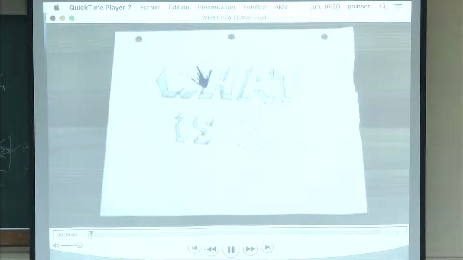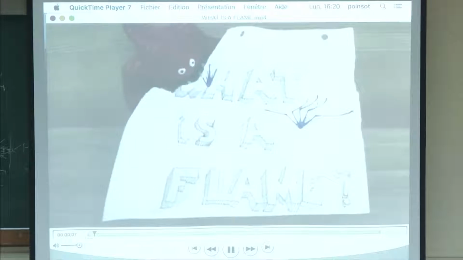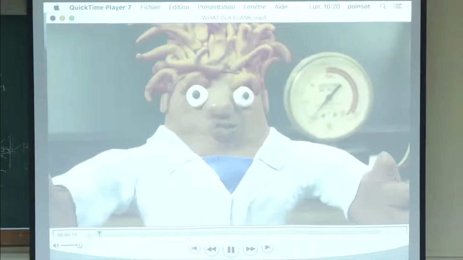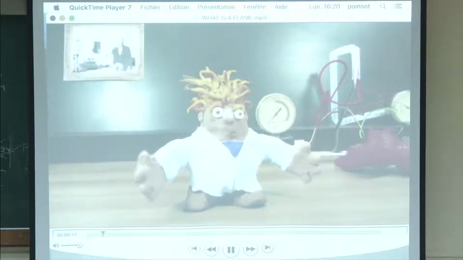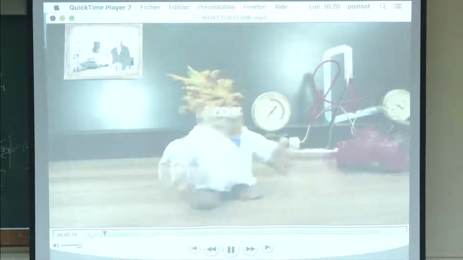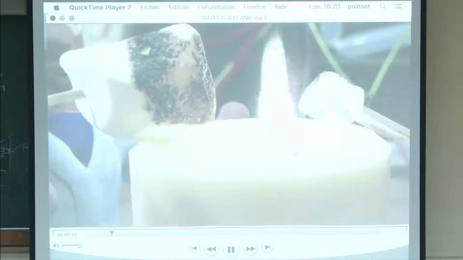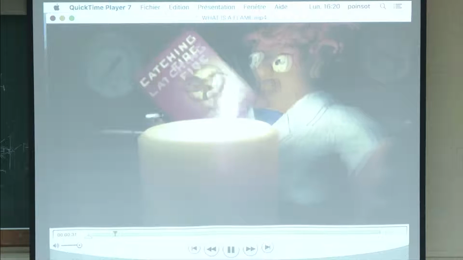What is a flame? Come here. Stop. Hey, sorry man. Hi everyone, I'm Professor Marzi, and today we discover what a flame is. So let's go to my lab and have a look at a real flame. Very soon you will understand the two most important things about flames. First, why it starts, which is very convenient for French cuisine, and also why it creates light, which is very convenient at night.